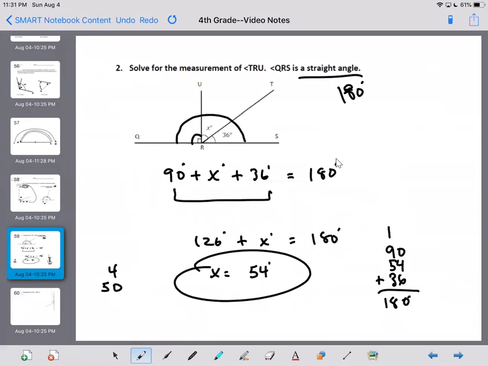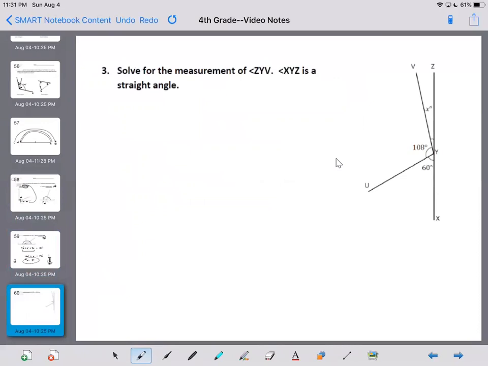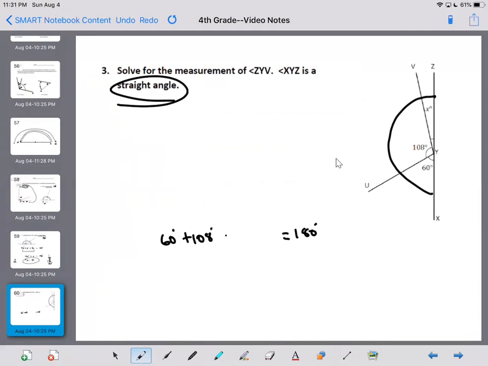And then finally, another way to look at this, I also know that angle ZYV, so ZYV is another straight angle. So all of this is 180 degrees. So I know that 60 degrees plus 108 degrees plus X degrees should be 180.